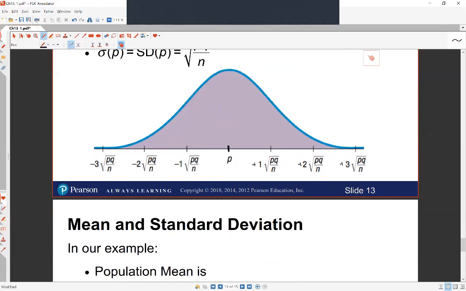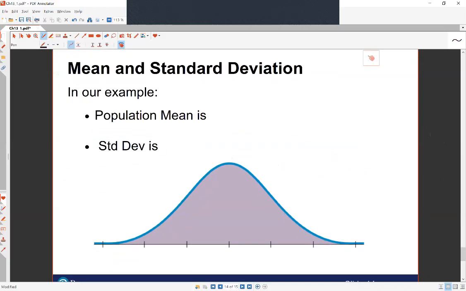So in this specific example, we know our population mean is 11.6%. We know our standard deviation is 3.2%. So our normal model is a bell curve centered at 11.6.